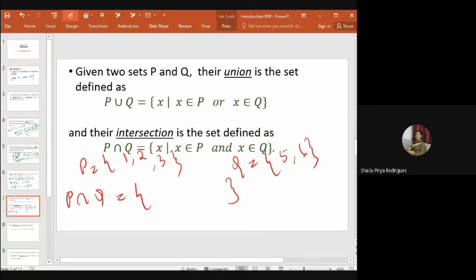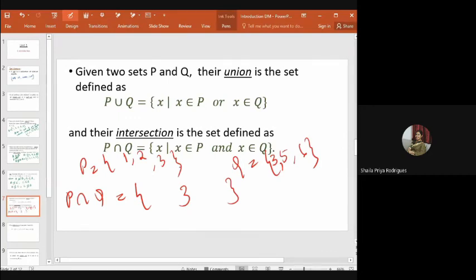This is a null set because P and Q have no elements in common. But if I put a 3 here, like earlier, then 3 is there in both. So the intersection is the singleton set 3.